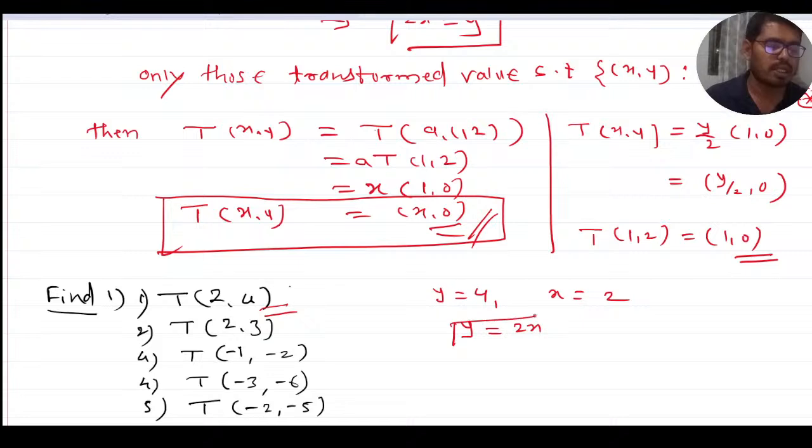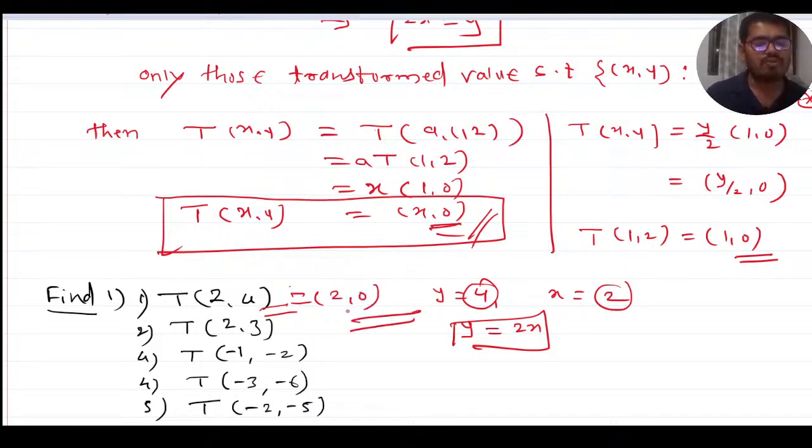The condition holds, because 4 is double of 2. That's why T of (2, 4) is T of (x, y) with x equal to 2 and y equal to 4, which gives (x, 0), that is (2, 0). So T of (2, 4) is (2, 0). But what about T of (2, 3)?